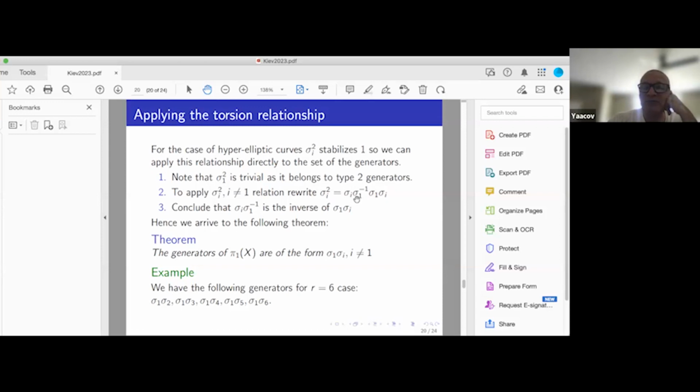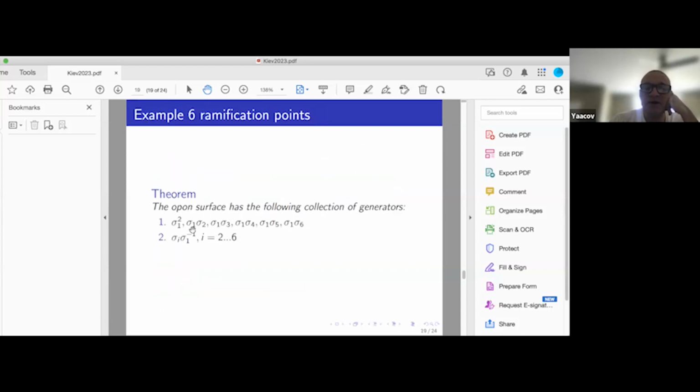Now, sigma 1 equals sigma 1 inverse, so sigma I sigma 1 and sigma 1 sigma I are equal to each other. So this concludes that sigma I sigma 1 inverse is the inverse of sigma 1 sigma I. So in this case, all the type 2 generators are redundant.